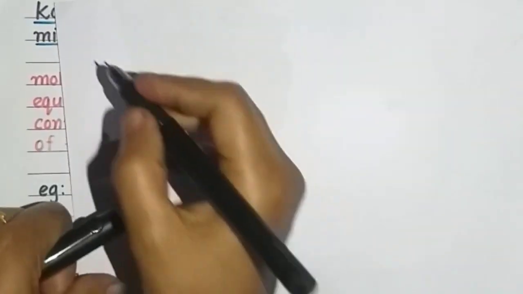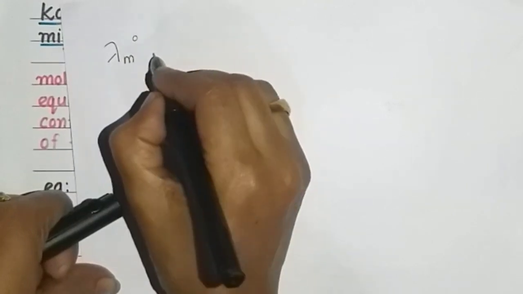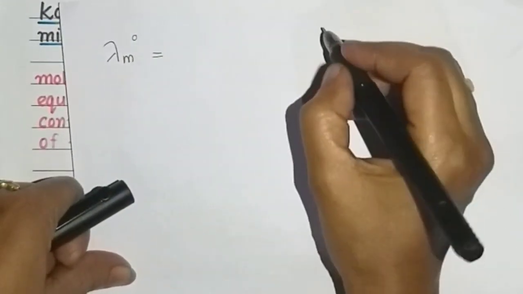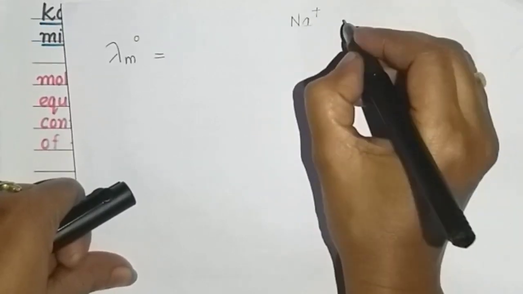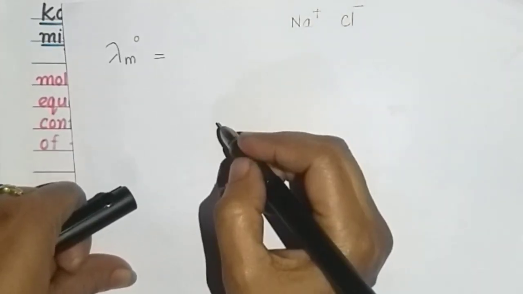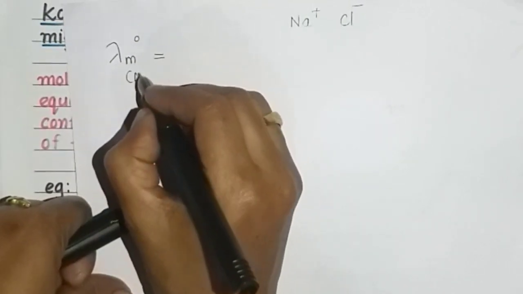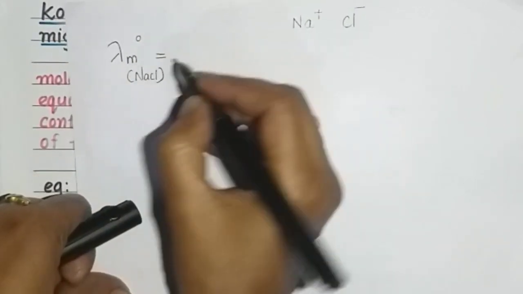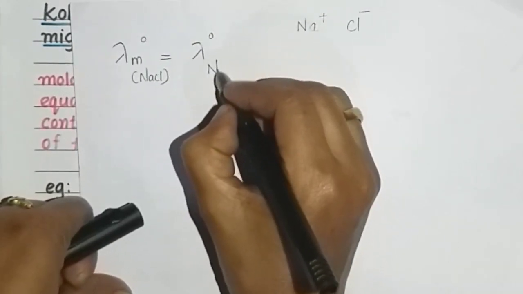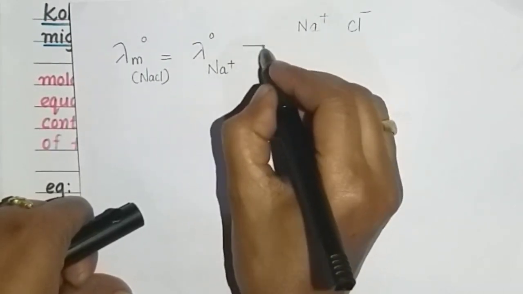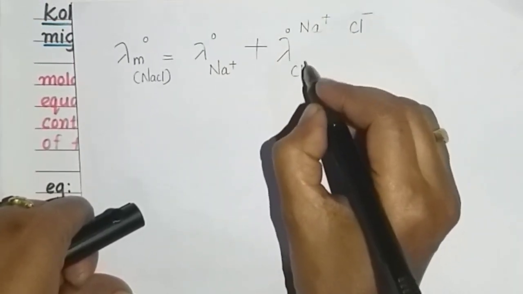In the case of NaCl, NaCl consists of Na plus and Cl minus ions. So, we can write lambda m 0 of NaCl is equal to lambda 0 of Na plus plus lambda 0 of Cl minus.